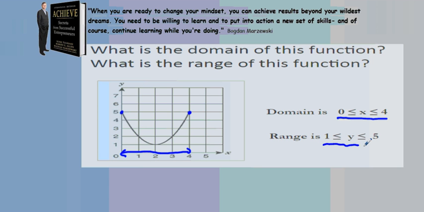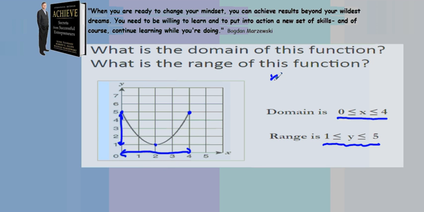And similarly for range, you would see what is the coverage. The lowest value of y is 1, and then the spread goes all the way to 5. So the range is between 1 and 5. The domain is between 0 and 4.